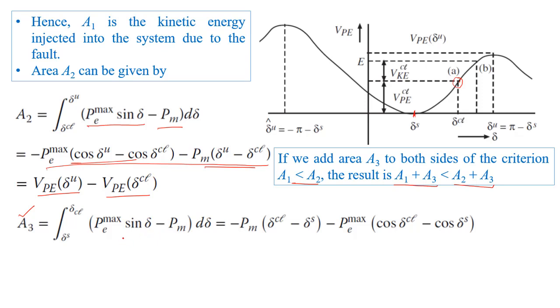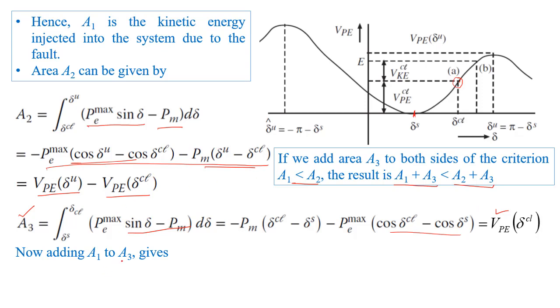It is from the equal area criterion curve, and that will give us minus Pm into delta CL minus delta S minus Pmax cos delta CL minus cos delta S. So this is nothing but V of delta CL, the potential energy evaluated at delta CL. So delta S is your stable equilibrium point.